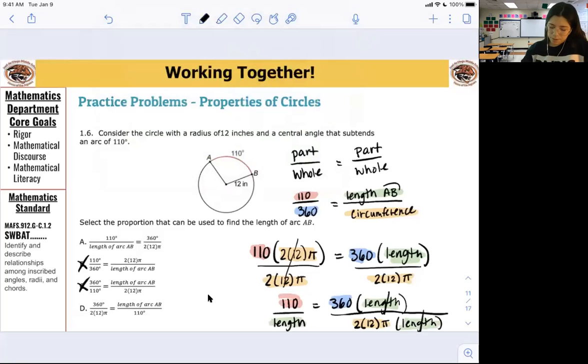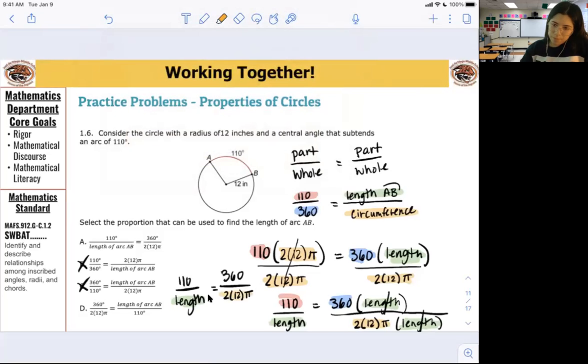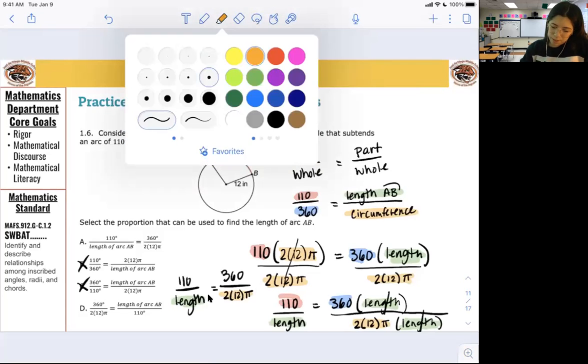And so what am I left with? I'm left with 110 over the length equals 360 over 2 times 12 pi. Which answer choice does that match with? Answer choice A.